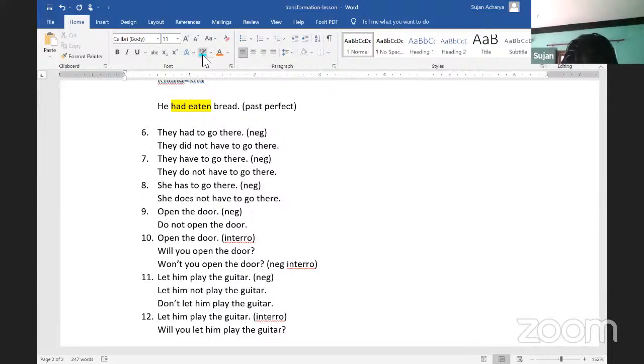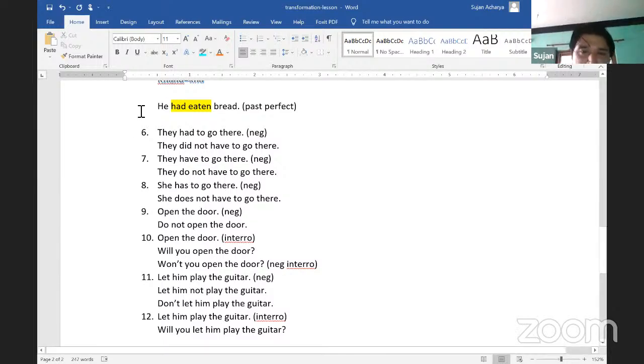Wait for a minute. I'm sending the photos in my messenger, and from my messenger, I will drag them in this Word file, then convert this Word file into PDF file and send.